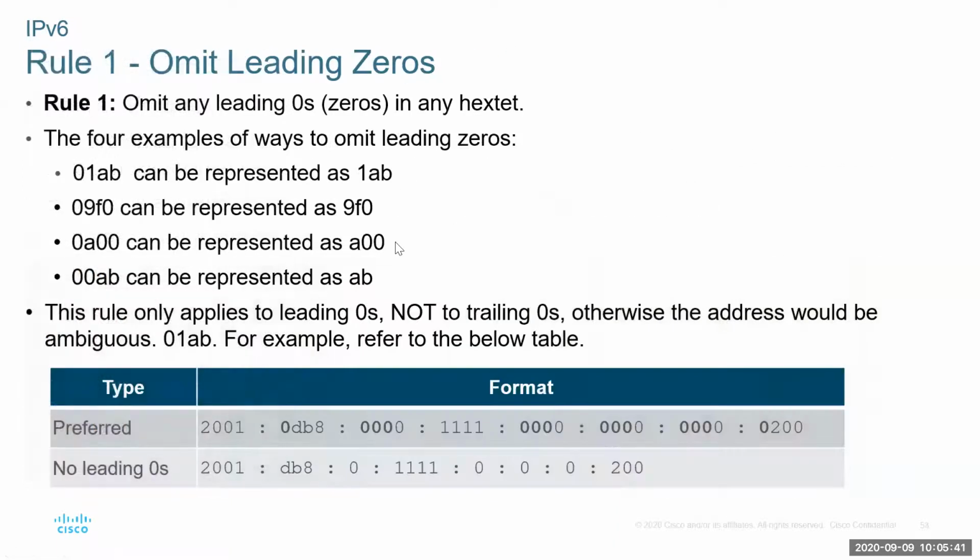And what they're going to tell you is that anything where you have zeros in between there, you end up omitting those as long as they're leading zeros. So for example, here I would omit this 0 and I would just put that as DB8. I have 4 zeros here, so I may just have a 0 here. A lot of times this will be closed down even further, where you just see the 2 colons together.